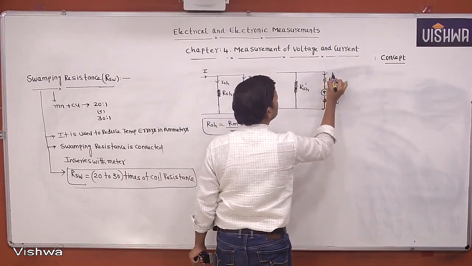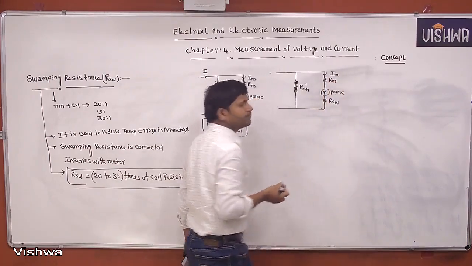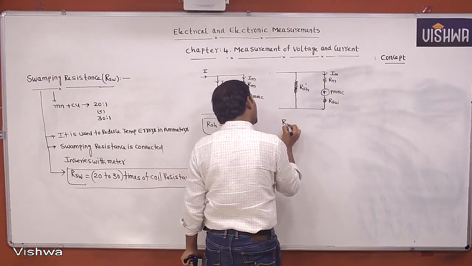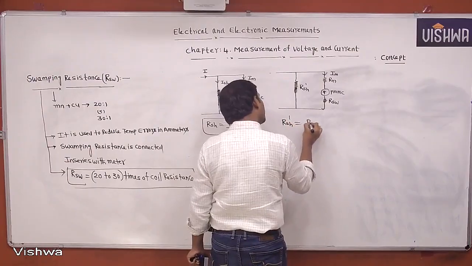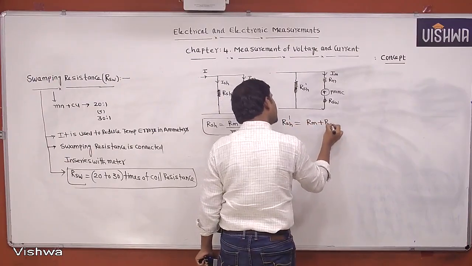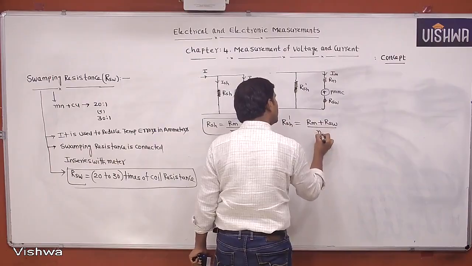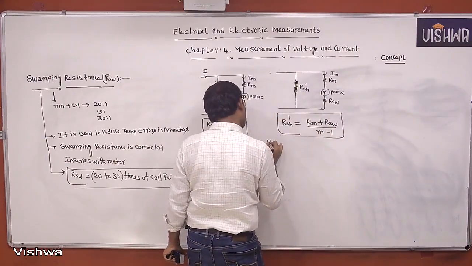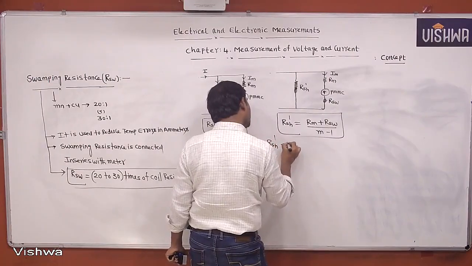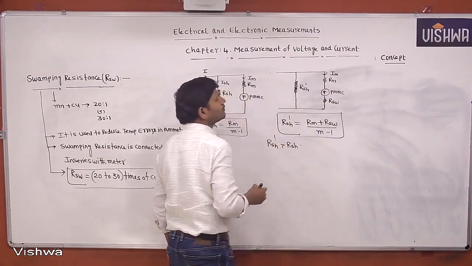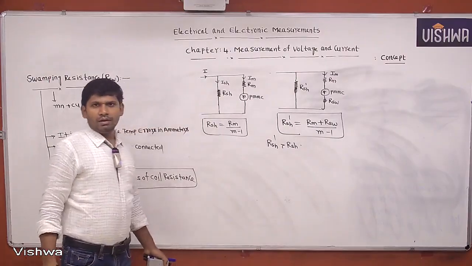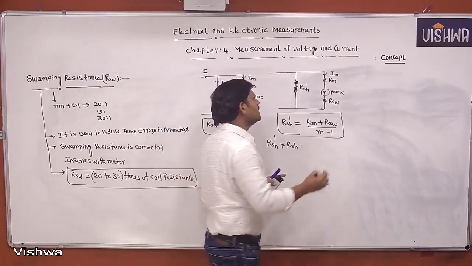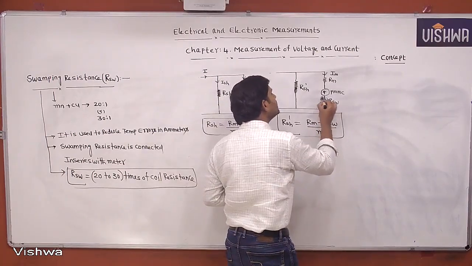Then the meter current is always IM. From this, we can write RSH dash equal to RM plus RSW by M minus 1. With swamping resistance, this is how to calculate the shunt resistance, where RSH dash is greater than RSH. This is without swamping resistance, and this is with swamping resistance. The swamping resistance is connected in series with the meter.